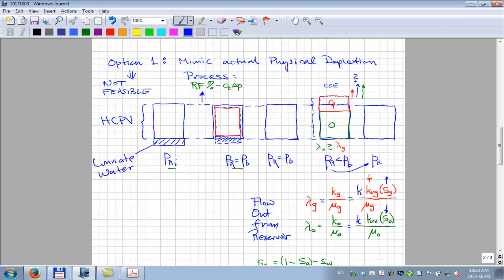I mean, after all, this is an oil reservoir, right? And we are producing oil, right? And in a perfect world, what would we like to produce only from the reservoir? Oil. There we go. So in the perfect world, you only produce oil.